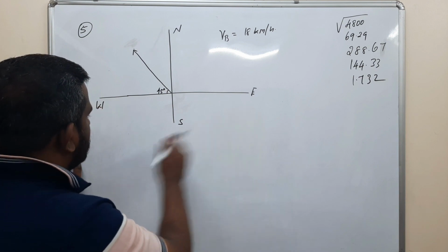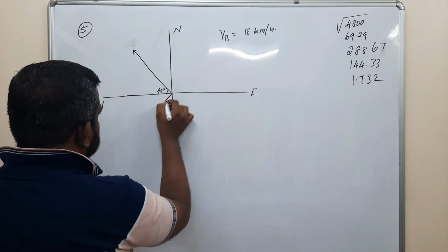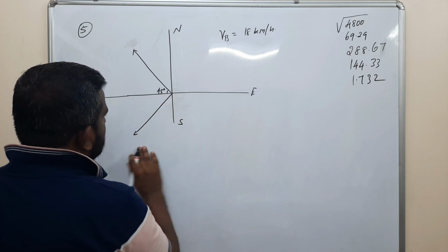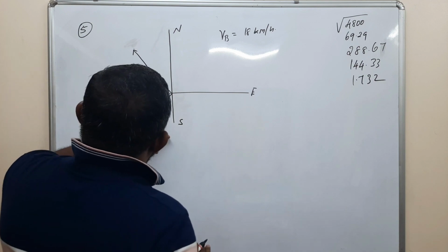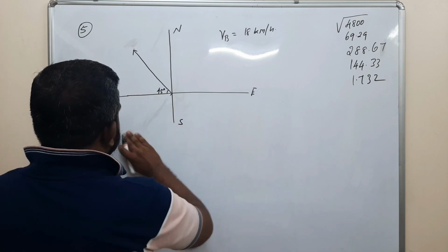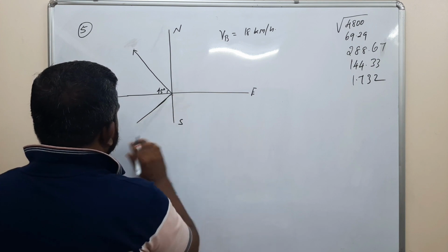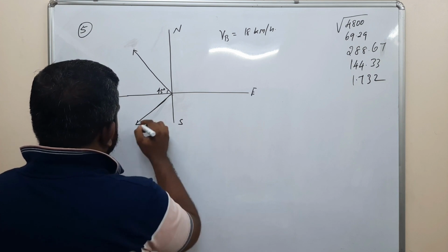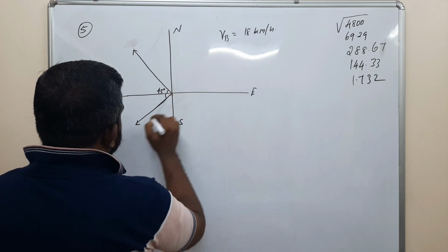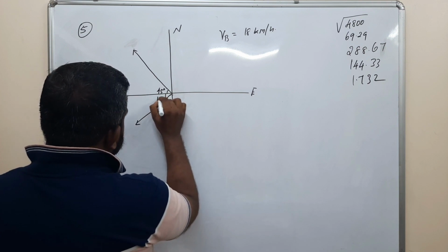So the shoreline makes an angle of 15 degree south of west.